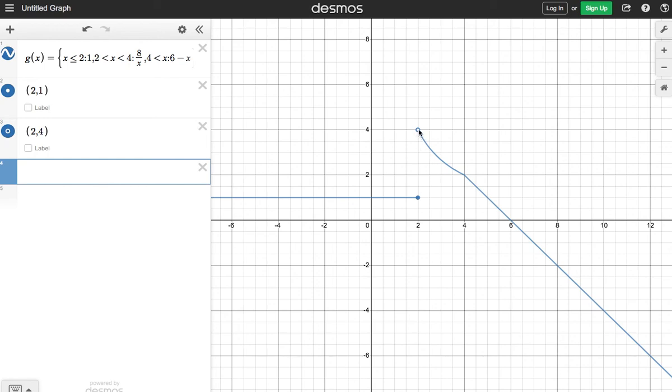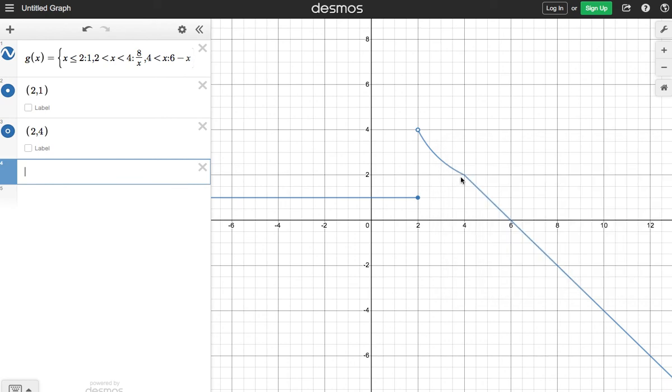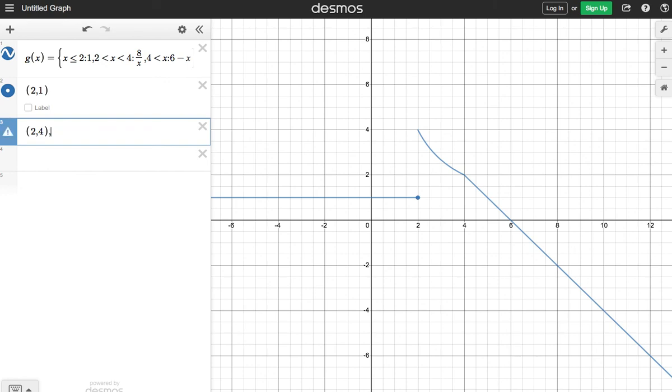And I think the last point here that we should focus on, if I go back to the way the function is defined, it doesn't equal anything at 4. There's no equal sign next to a 4 whatsoever. This means there should actually be a hole in the graph here at the point 4, 2. So instead of entering that in again, here where I have this open circle, I can put a comma and then just start listing another point.